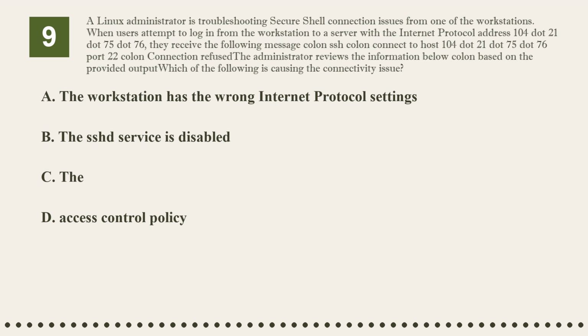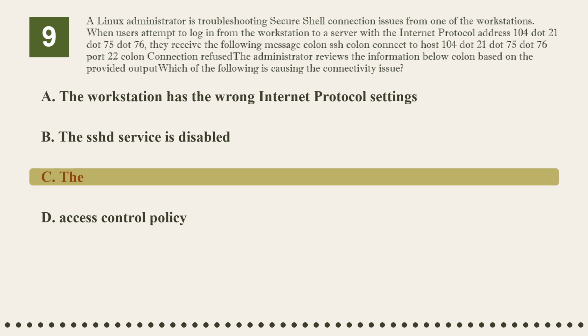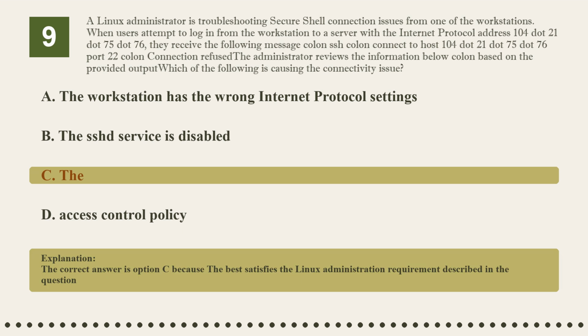Based on the provided output, which of the following is causing the connectivity issue? Option A, the workstation has the wrong Internet Protocol settings. Option B, the sshd service is disabled. Option C, Option D, access control policy. The correct answer is option C.